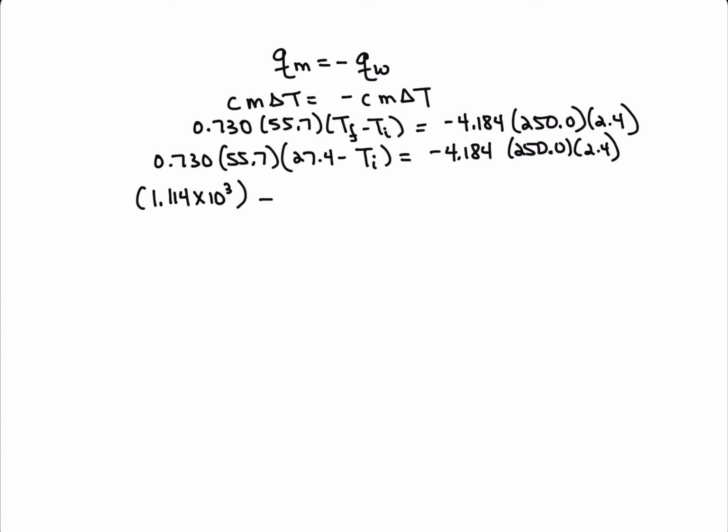Then 0.73 times 55.7 times TI. Negative 4.184 times 250 times 2.4. I'm going to get my constants on one side, my variables on another side. So I'm going to add 40.66 Ti on both sides.